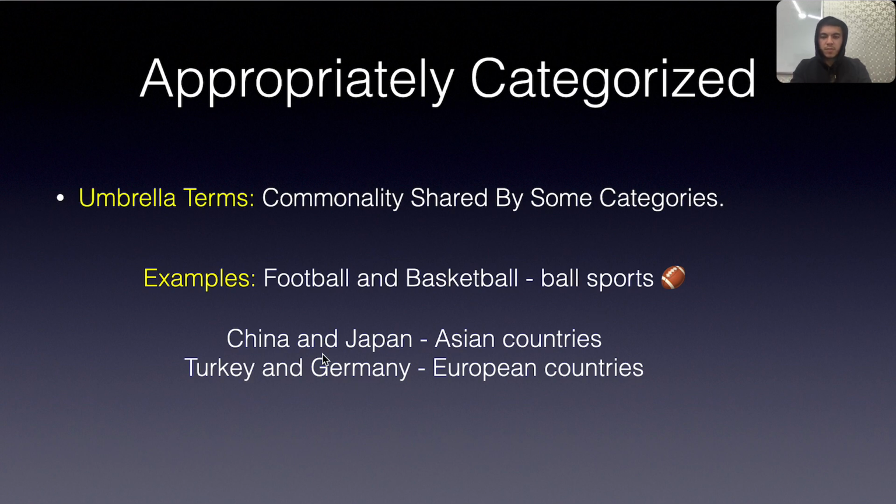If you're given China and Japan, you can say Asian countries. Turkey and Germany, you can say European countries. So this is basically what appropriately categorizing your data refers to. You're selecting your data appropriately. This is what it basically means.